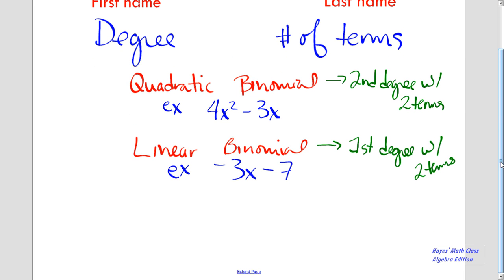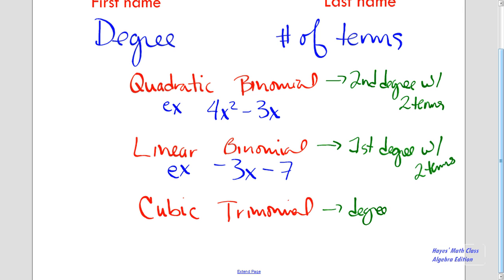They could say something like a cubic trinomial. So that means degree 3 with 3 terms. So, whatever you want. 7x to the third minus 7x plus 10.